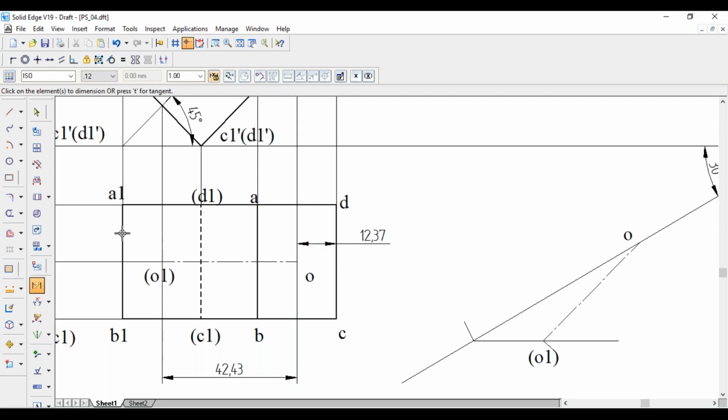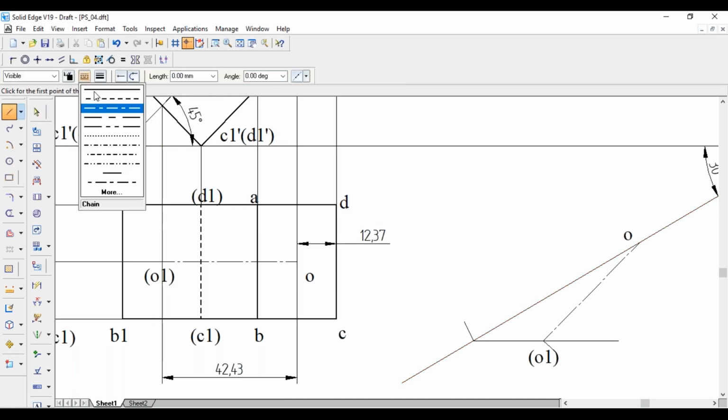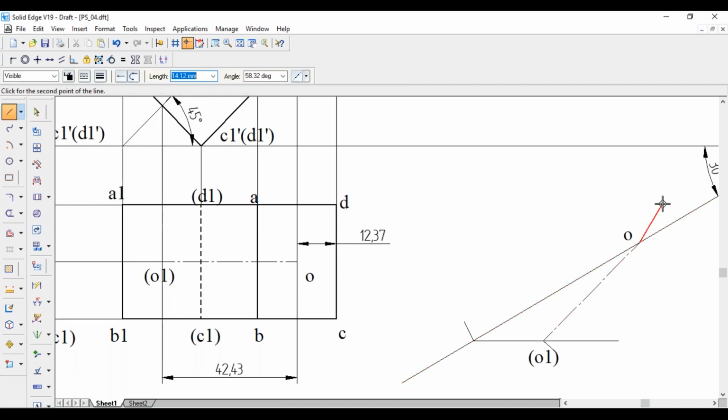Here also the same length, 12.37. So from O, the same line I am extending for a length of 12.37 mm. Similarly below also, 12.37 mm.